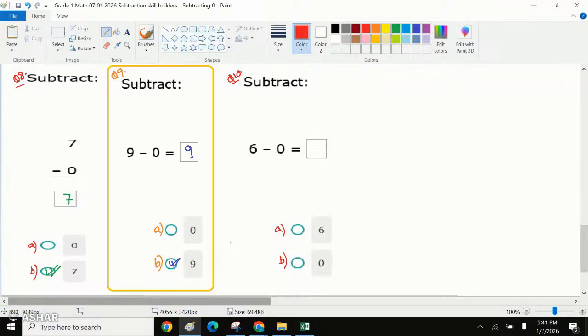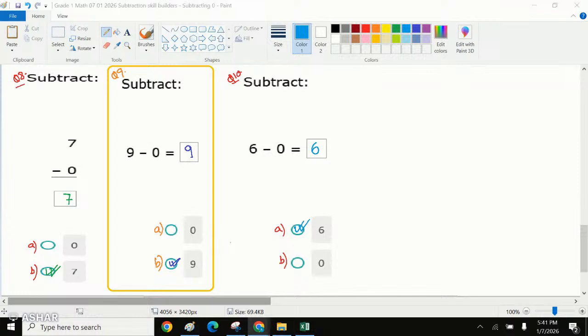The rule for subtracting 0 is that we are not removing anything, right? So the number would always stay the same. Yes. Thank you. That means 6 minus 0 stays as 6, and that is option number A.